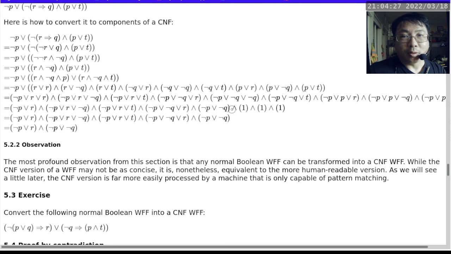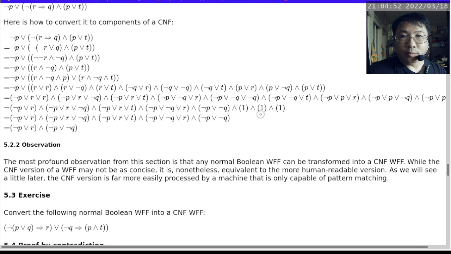It doesn't matter because these two are ANDed together. When everything is ANDed together, only the more restrictive one is really effective. The one that is more general, the one that is true more often, is basically useless. So that's how I simplify this term out of existence.